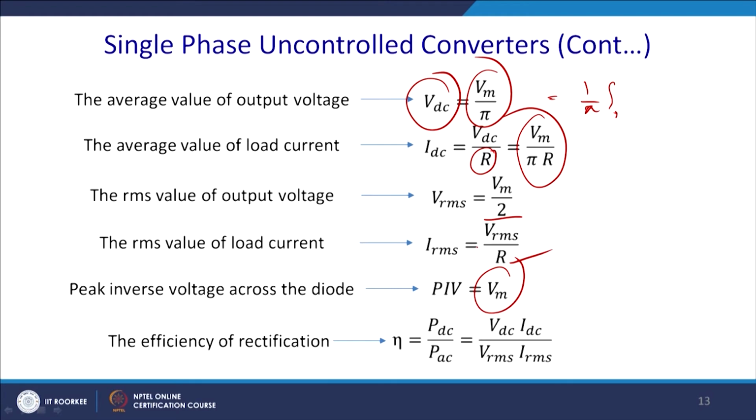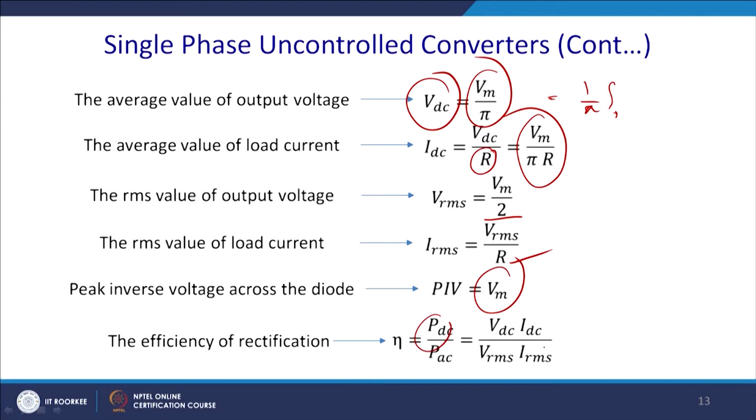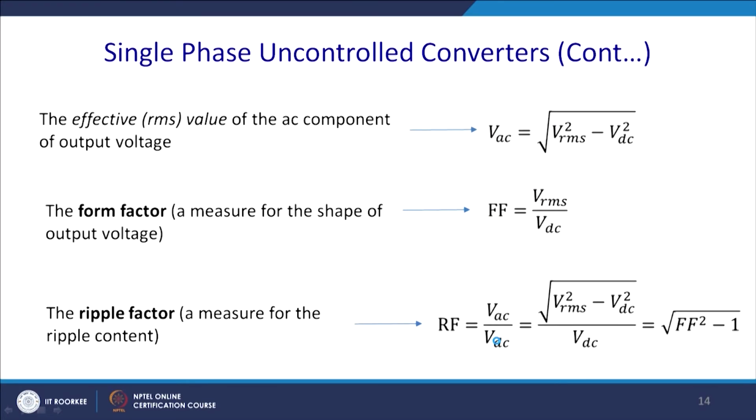The peak inverse voltage across the diode will be Vm, that is what you have seen in the previous slide. The efficiency of the rectifier is PDC by PAC, that is VDC into IDC over Vrms into Irms, and you can calculate its value. Similarly, the effective RMS value of the AC component will be VAC equals square root of Vrms square minus VDC square.